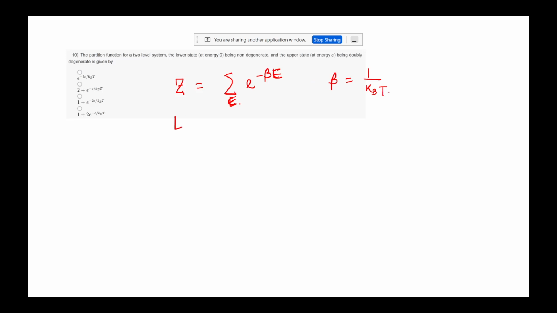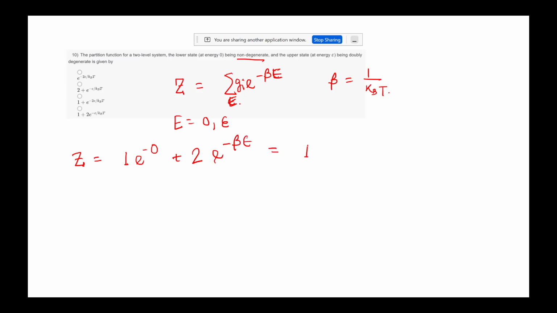So we have energy E equal to 0 and epsilon, and there will be Gi, the degeneracy. So Z for E equal to 0 is non-degenerate, so first will be 1 times e to the power minus 0, plus 2 times e to the power minus beta epsilon.